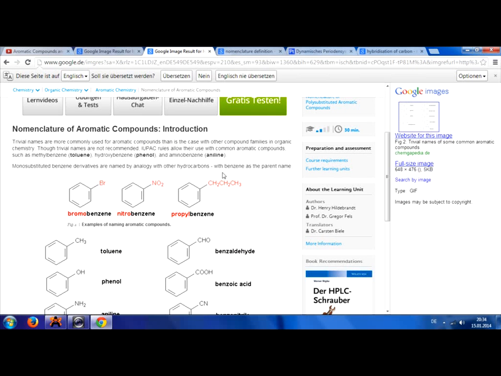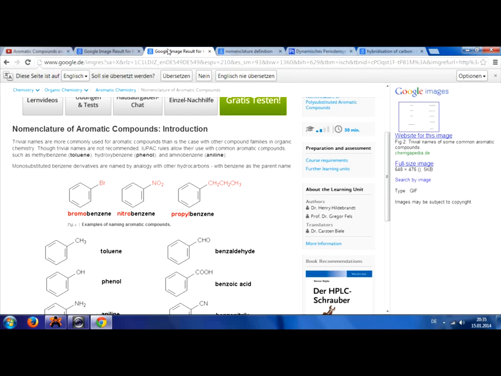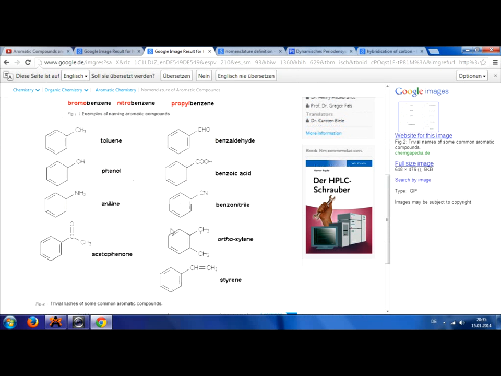So to be specifying aromatic compound, no? So makikita natin dito, hexagonal siya. So, 1, 2, 3, 4, 5, 6. 6 carbons. Meron siyang 3 double bonds sa loob.